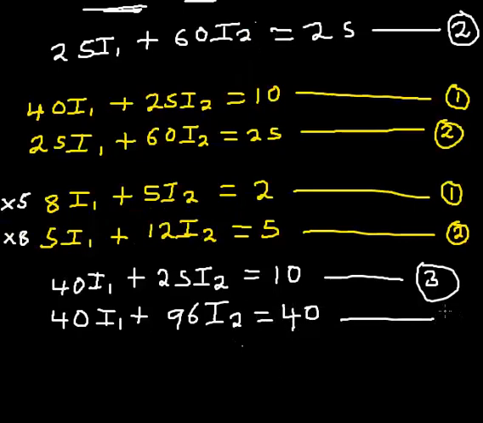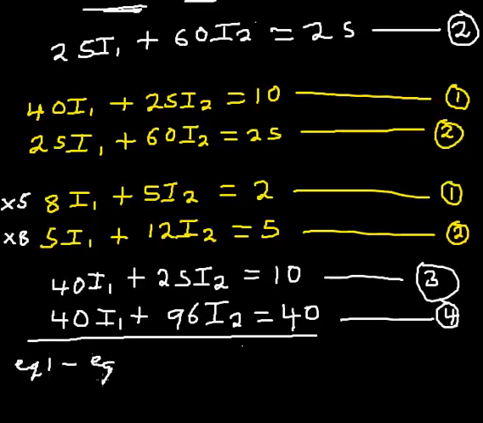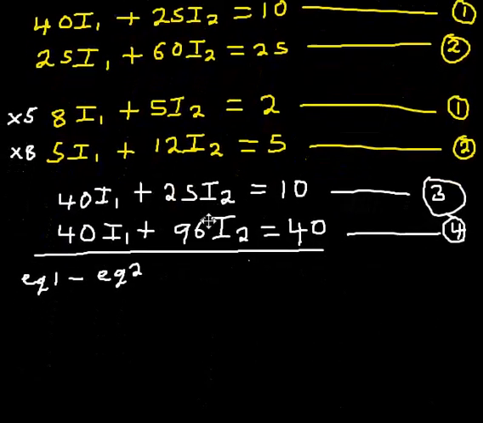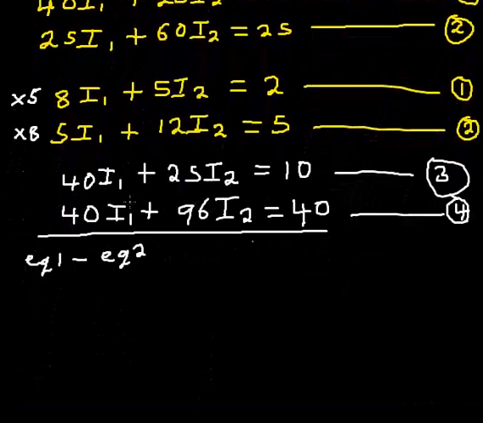So I can now eliminate by subtracting. I'll do equation 1 minus equation 2. If I subtract 40i1 minus 40i1, I'm going to have 0. So i1 is eliminated.